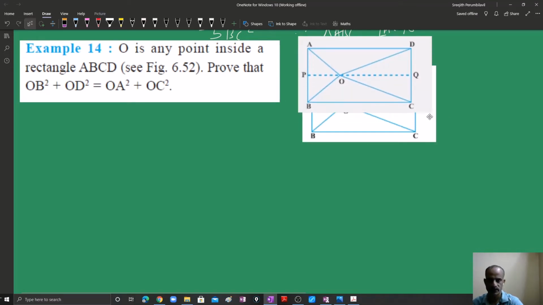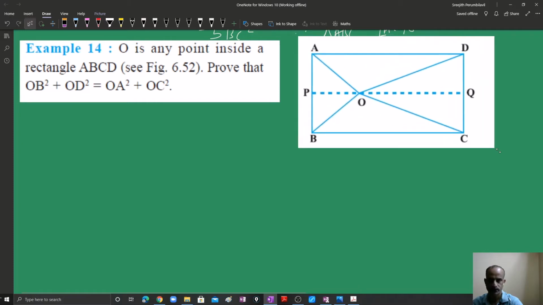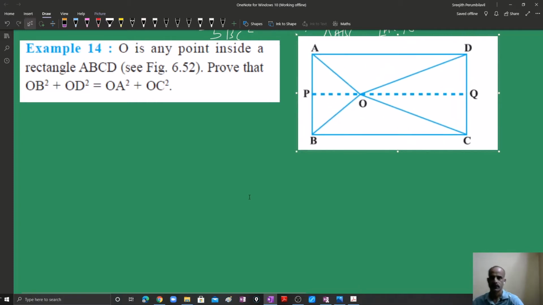We can use the same figure to explain. O is any point inside a rectangle ABCD. Prove that OB square plus OD square is equal to OA square plus OC square. Here there is only one thing which I have not taken into consideration: there is a construction to be done that is shown in the figure. You can try that construction part on your own.